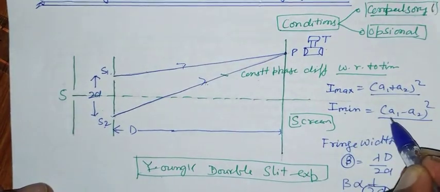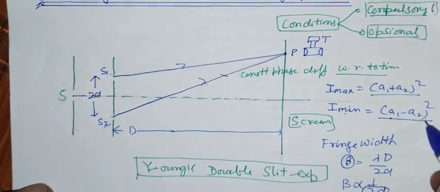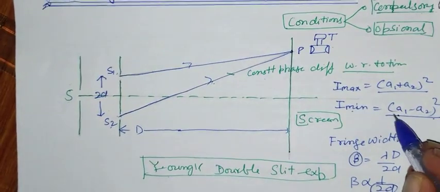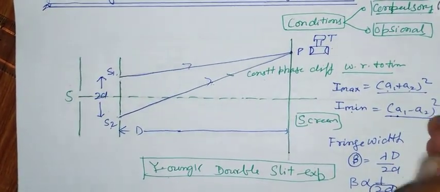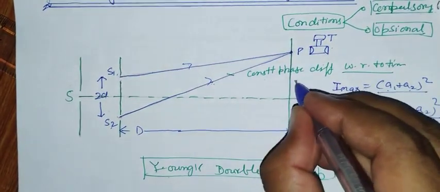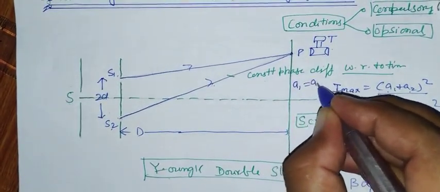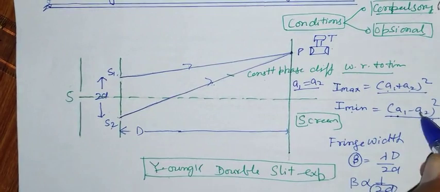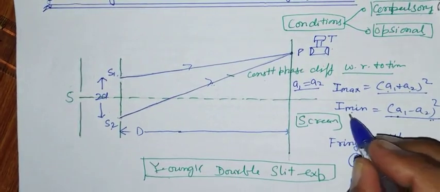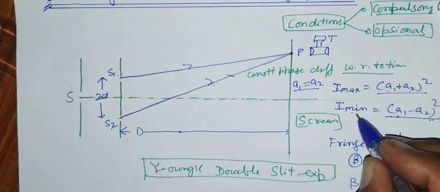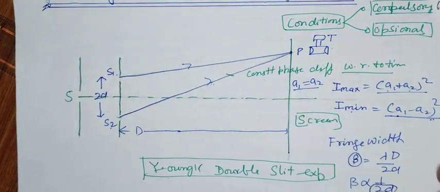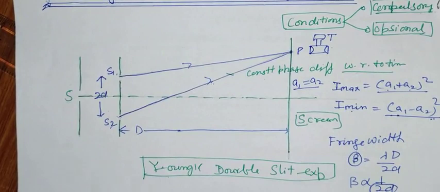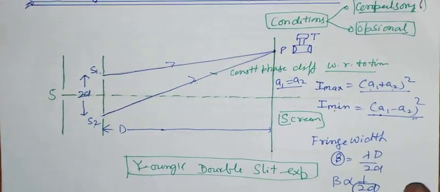If we want to see the dark fringes absolutely and completely dark, we keep A1 equal to A2, so A1 minus A2 becomes 0. In that condition the dark fringe, the destructive interference, becomes completely zero, so it becomes very easy to recognize the fringes.